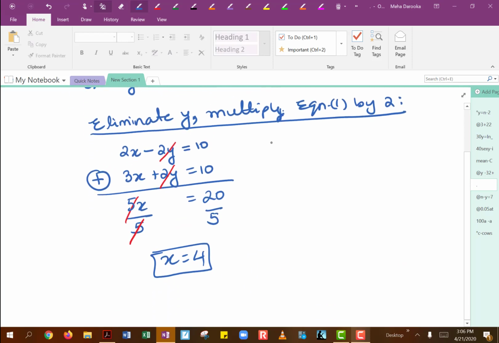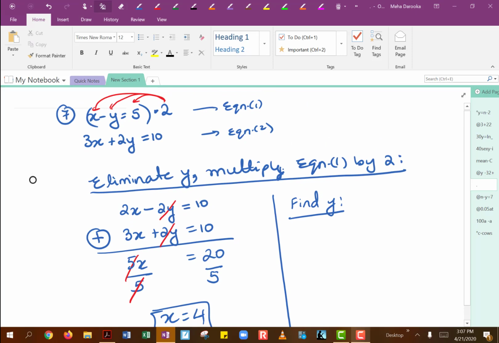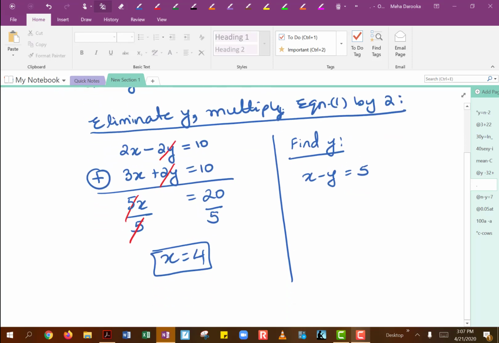So once you have found the x, then we can go back and find y. Remember, to find y, go back to one of the original equations, plug your x in and find y. So I'm going to use my first equation, which was x minus y equals 5. X is 4. Okay, so let's go ahead and move that 4 to the right hand side.